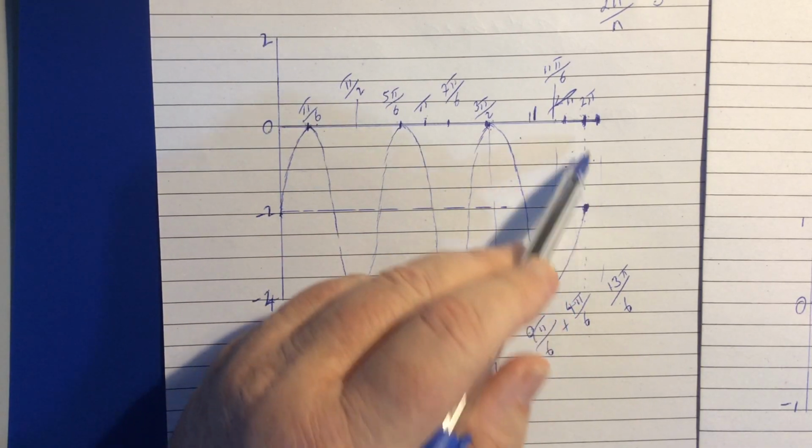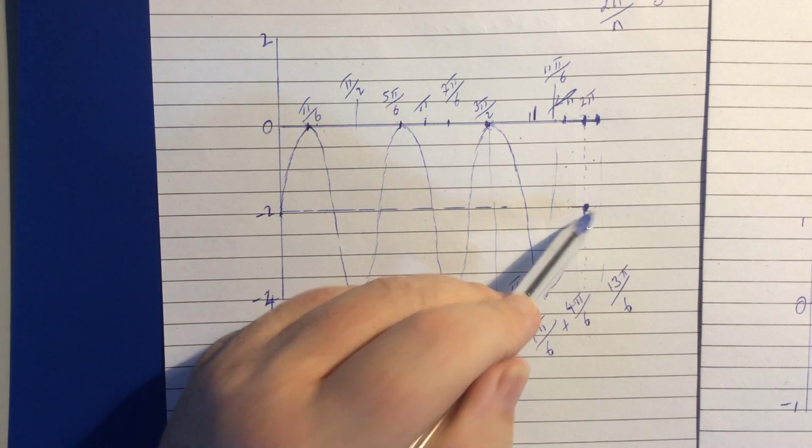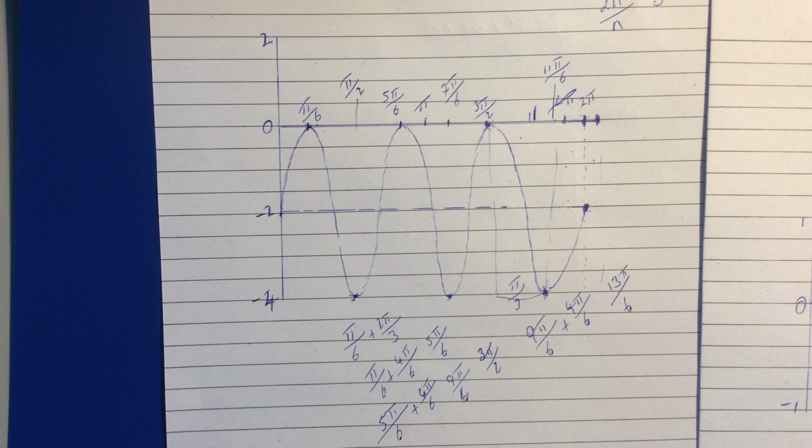Pi on 6 with 2 pi in the middle, which is why this is halfway through its cycle and it's come back to 0. So that is the graph of 2 sine 3x minus 2 between 0 and 2 pi.